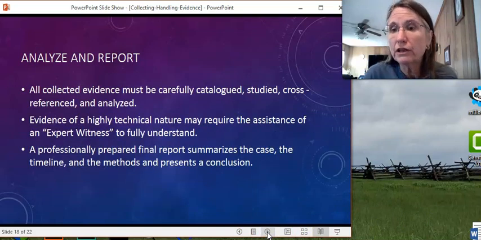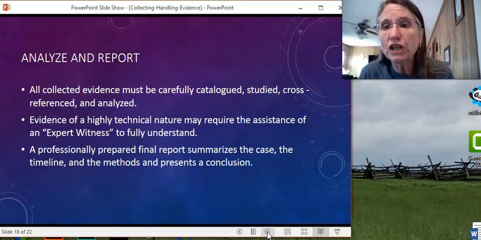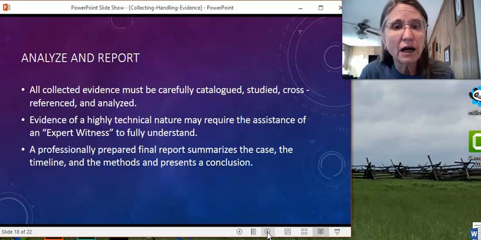So we've collected our information, we've handled it with the utmost of care, it's been stored properly along the chain of custody, but all of this evidence must be carefully cataloged, cross-referenced, and finally analyzed.